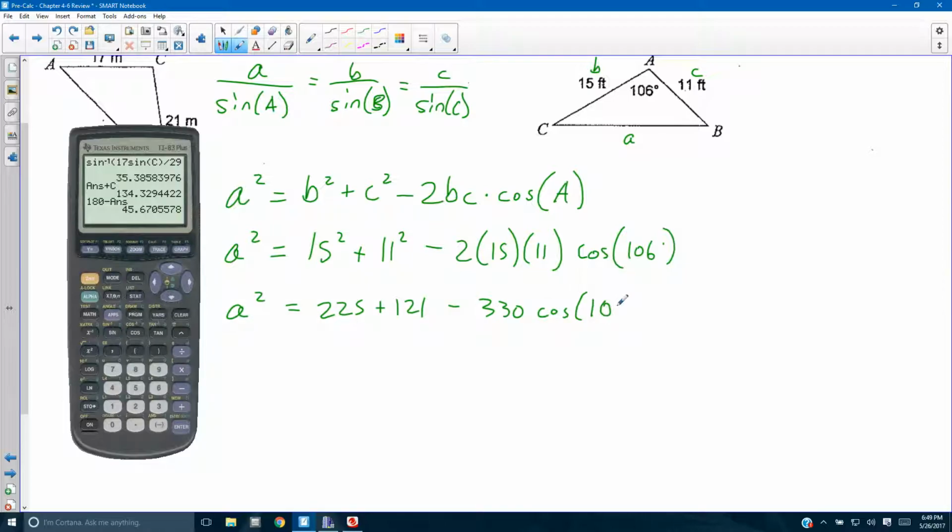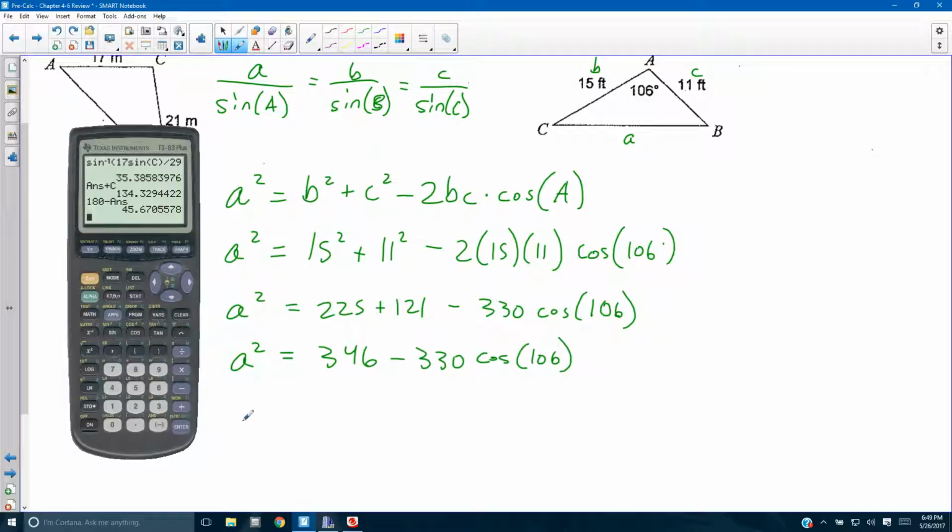I won't round it just yet. In fact, I'm actually not going to round it. It's better that I leave my answer like this. You know what I mean? A squared is 225 plus 121 is 346. 346 minus 330 times the cosine of 106.